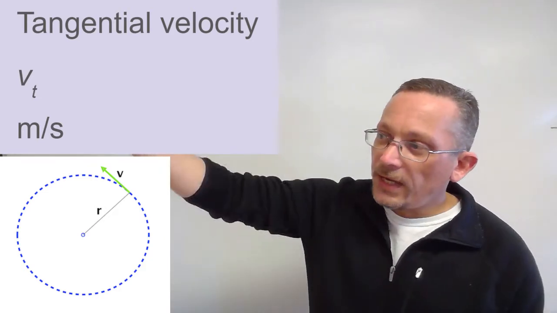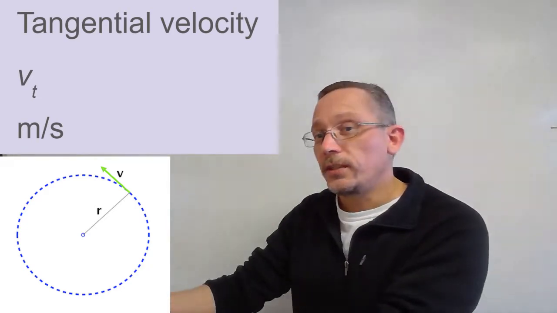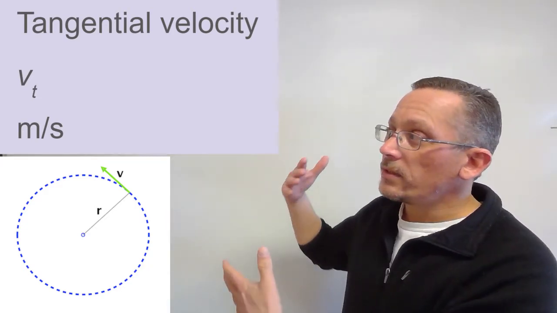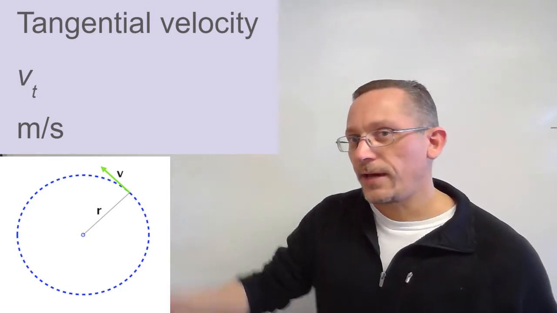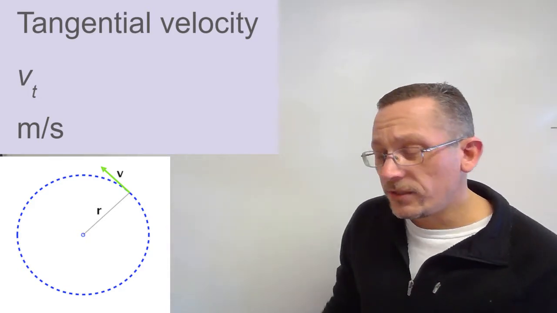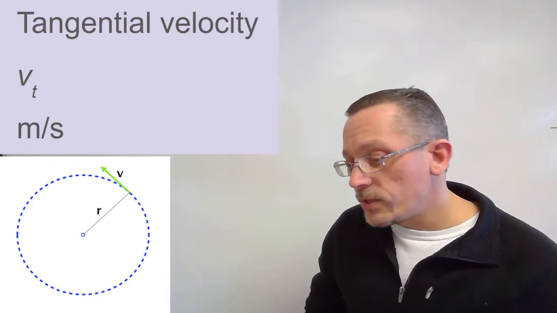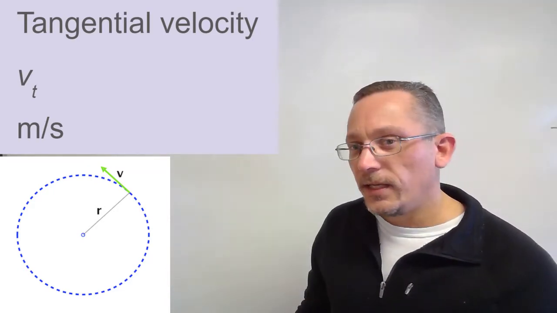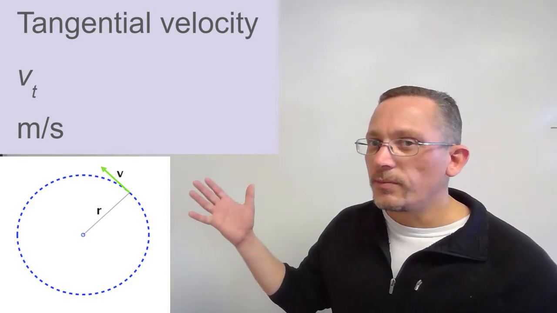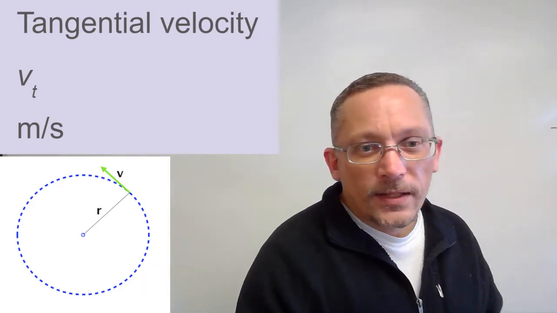It would fly off in a direction tangent to where it was at that particular moment, with the velocity that it was moving at that moment. So the tangential velocity you can think of as what speed, or what velocity, it would fly off at if you suddenly released it from its circular motion, right? That's your tangential velocity. Okay.